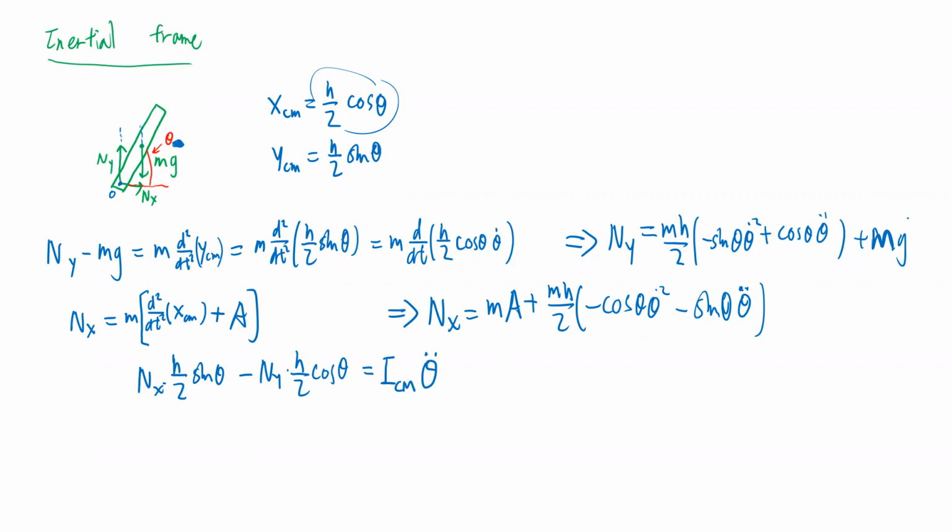So I have three equations: 1, 2, 3. And at the end, I want to find out theta as a function of time, so I want to eliminate Nx and Ny. Those are just simplifications of the equations. If you actually do that, let me skip some of the steps.